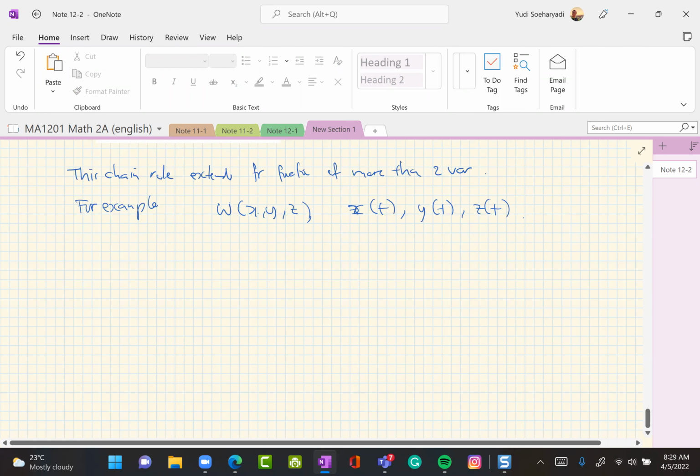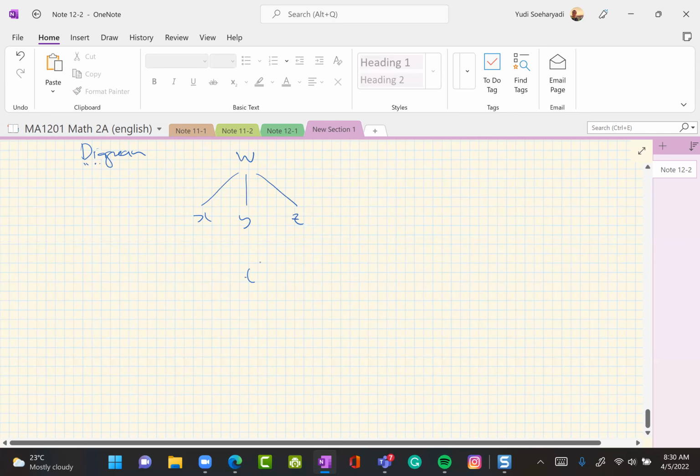Here is the diagram. W is at the top, you have x, y, z below, and you have t at the bottom.